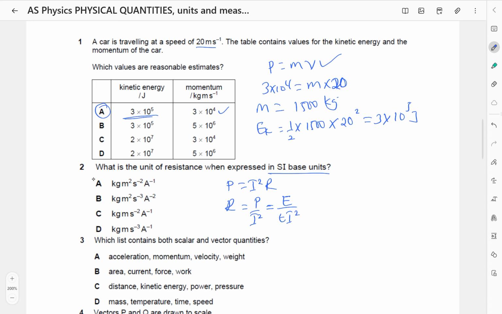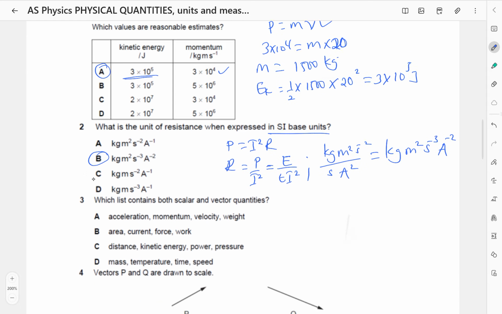The SI units of energy are kilogram meters squared per second squared, divided by time in seconds, then divided by amperes squared. This simplifies to kilogram meters squared, s goes up and becomes s power negative 3, s squared goes up and becomes A power negative 2. So our answer is going to be B precisely.